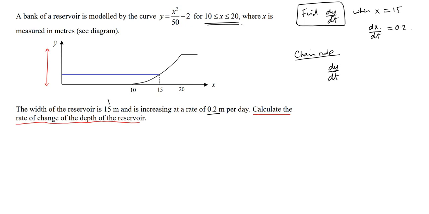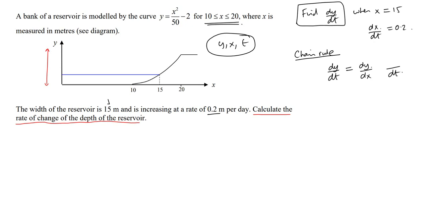Now dy by dt, if we put dy on the top and dt at the bottom, we've got three variables here: y, x and t. y, which is the depth, x, which is the width, and t is time. They're all connected to each other through the chain rule. The rates are connected.